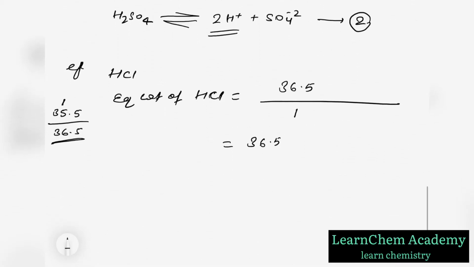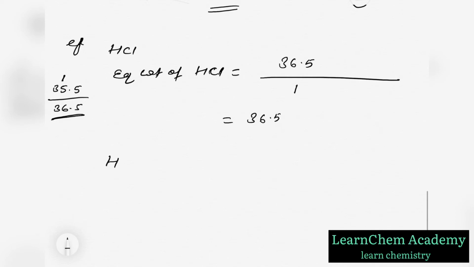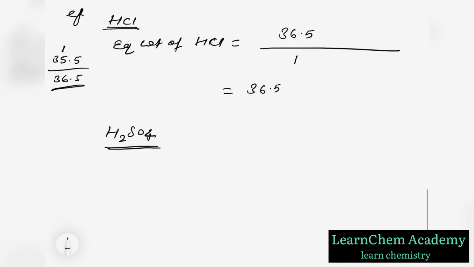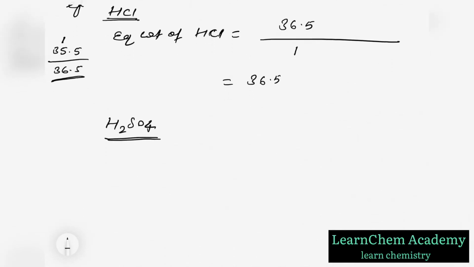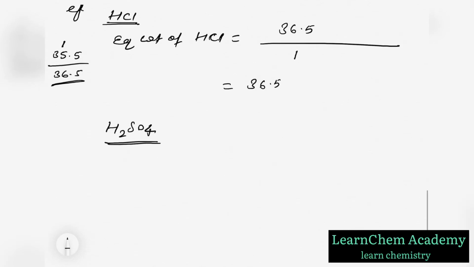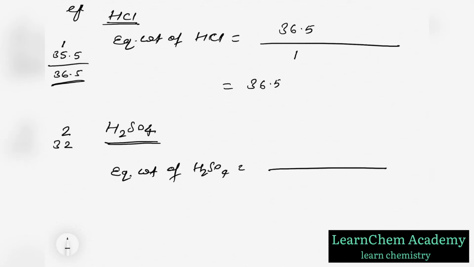If we take another example, sulfuric acid H2SO4, the equivalent weight of H2SO4: the molecular weight is 2 for hydrogen, 32 for sulfur, and 16 for oxygen.